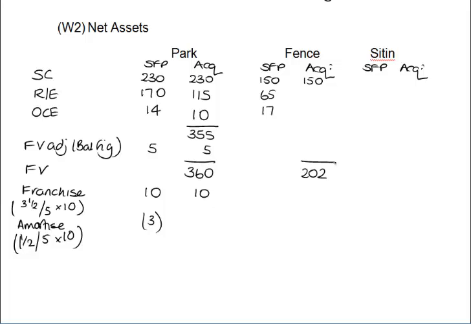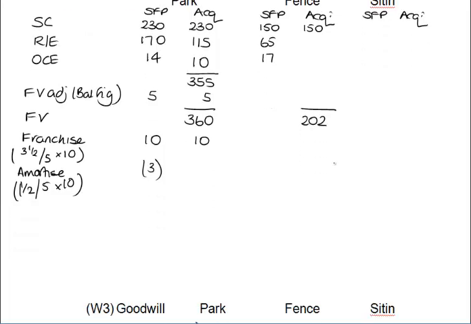So what we now have to do is to put through an adjustment. So we've got our contingent liability. It's met the recognition criteria, and what we need to do is to put in a liability of 25 million into our net assets.